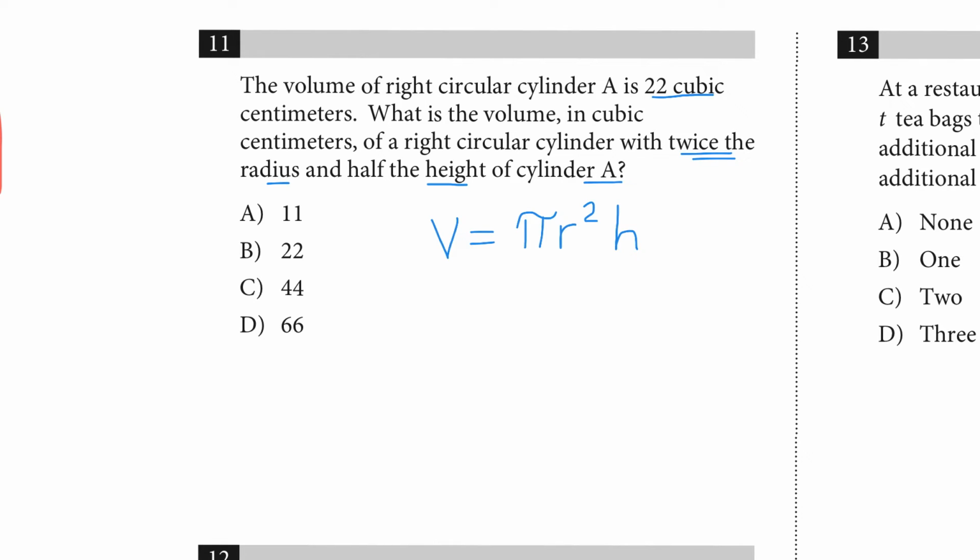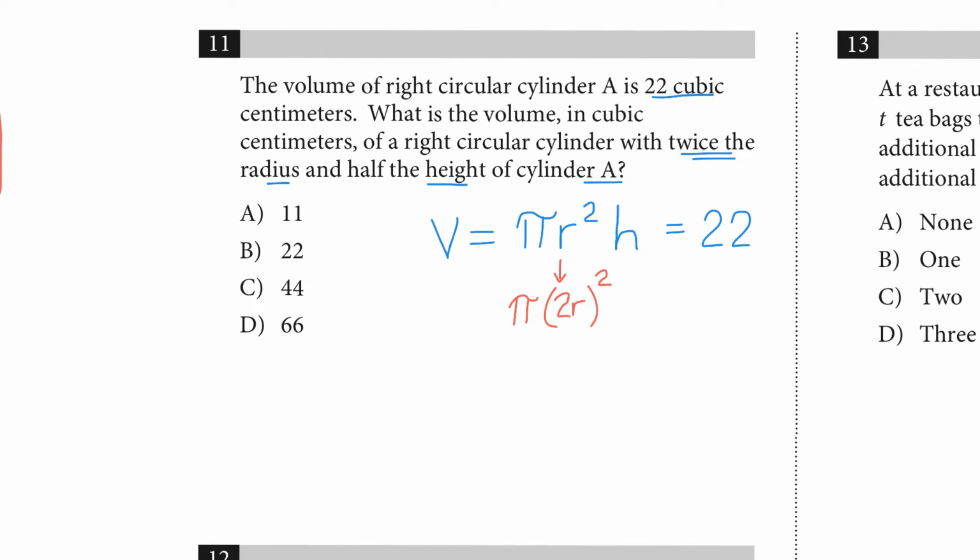And in this case, this is 22. Now, we're going to make some changes here, and it says twice the radius. So this r becomes 2r, twice the radius, and we square that, and we still have pi there.